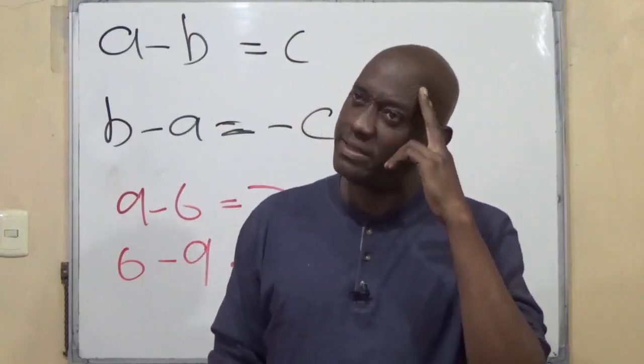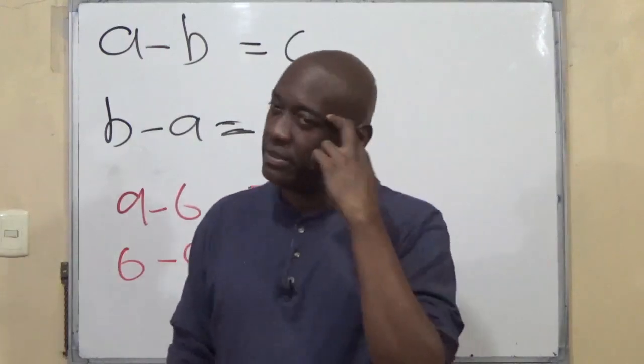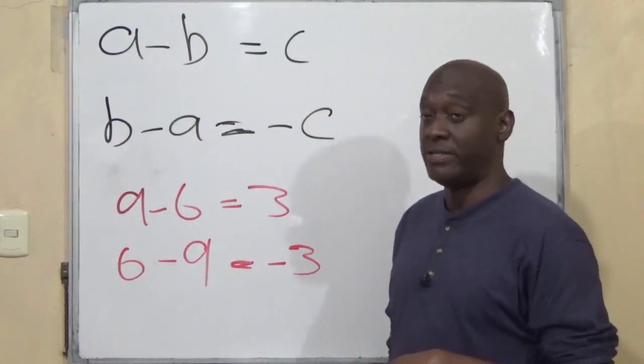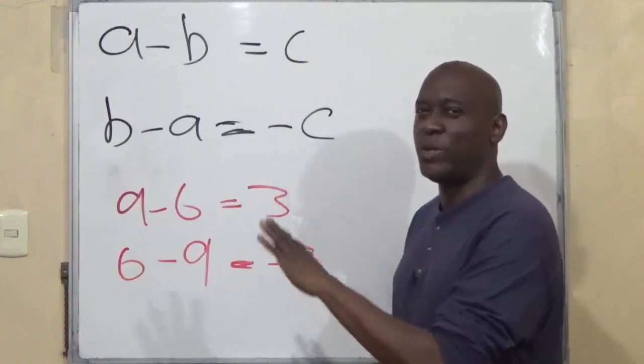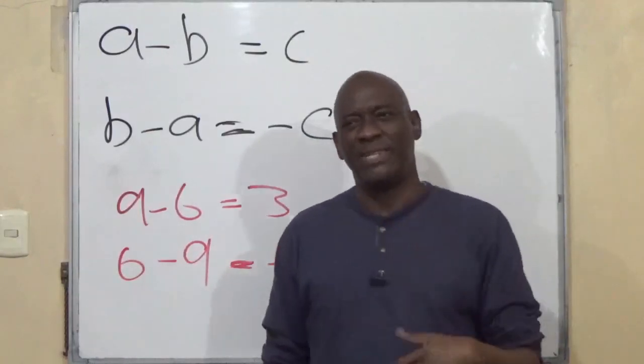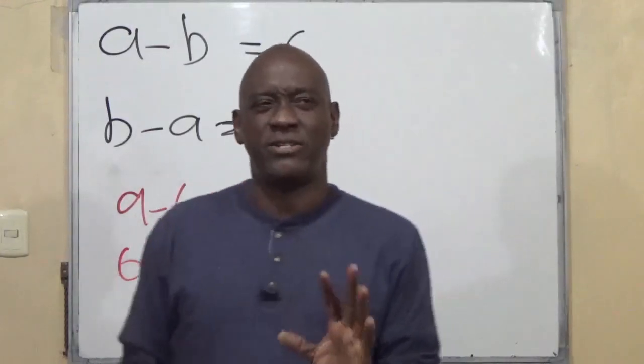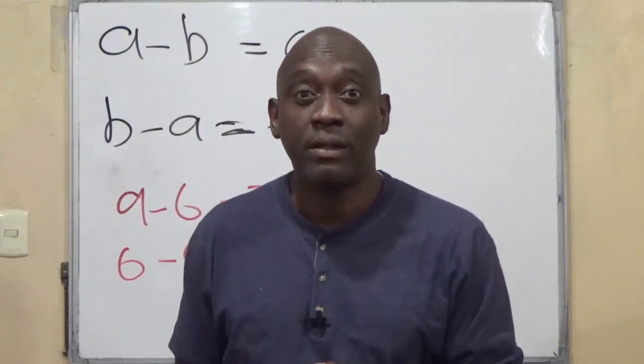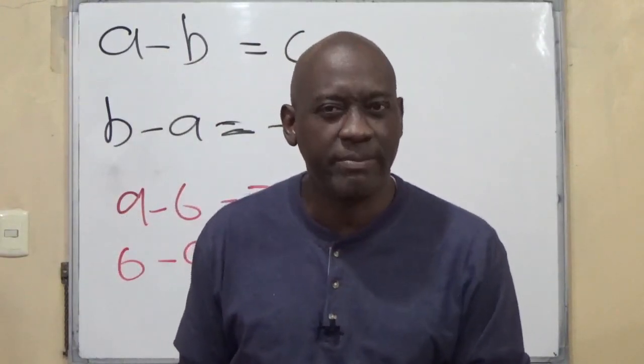And depending on the circumstance in which you find yourself, you might find that there's an entire ocean of difference between plus 3 and minus 3. So don't even go down the road of telling yourself, well, 3 and minus 3 are close to each other. They're not close at all. Plus 3 is plus 3 and minus 3 is minus 3.